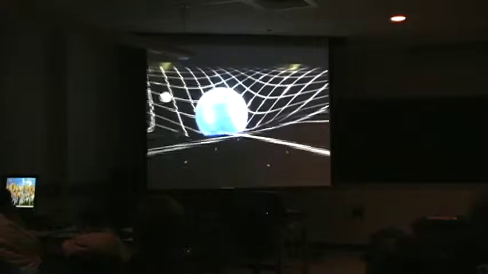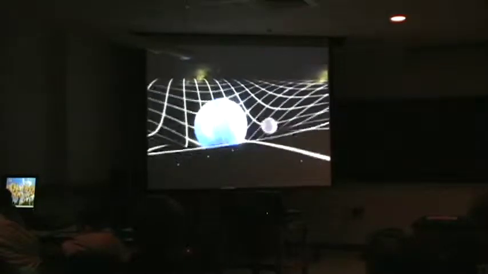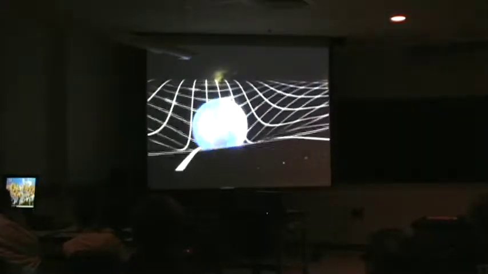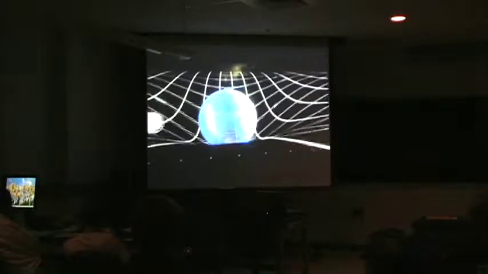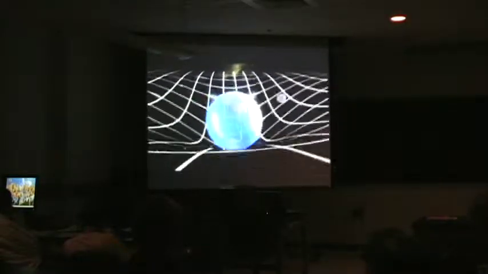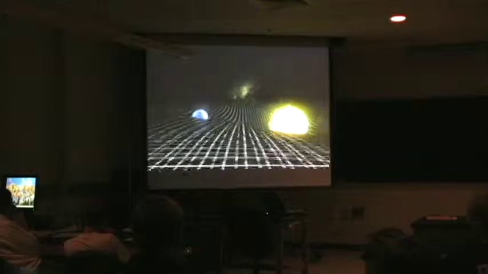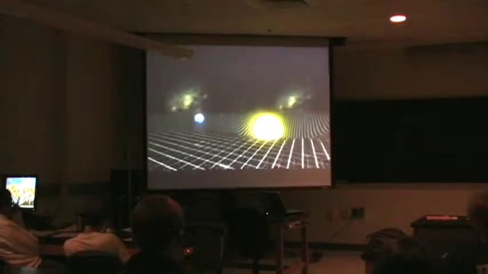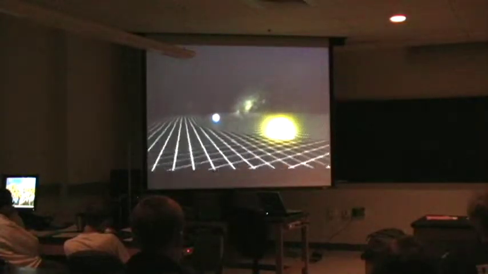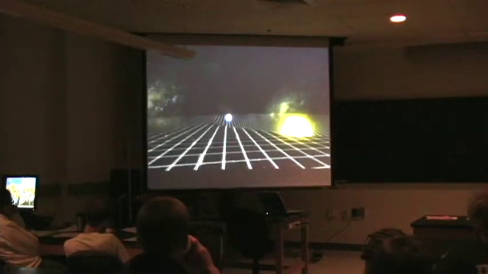Like the surface of a trampoline, this unified fabric is warped and stretched by heavy objects like planets and stars. And it's this warping or curving of space-time that creates what we feel as gravity.